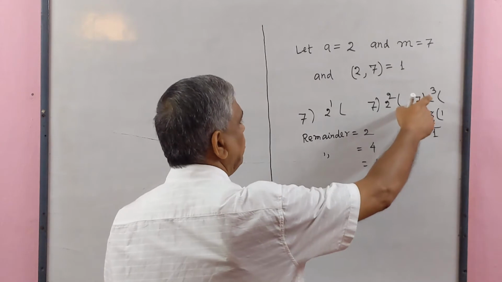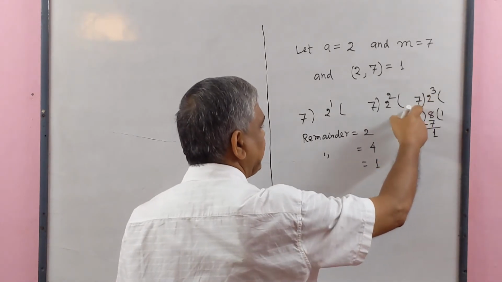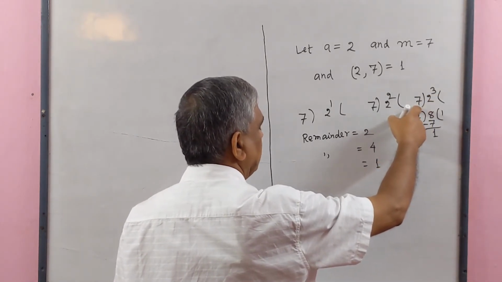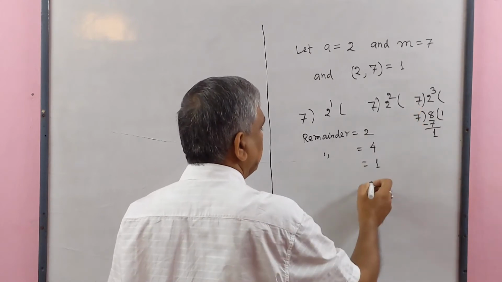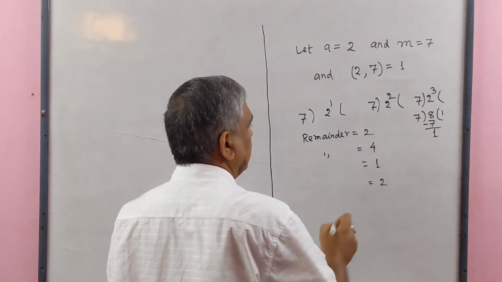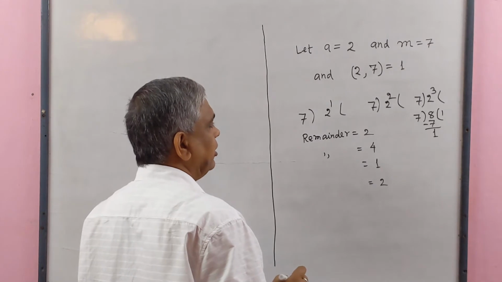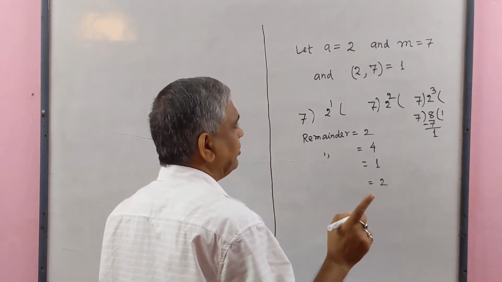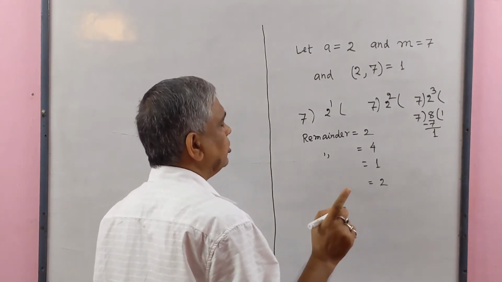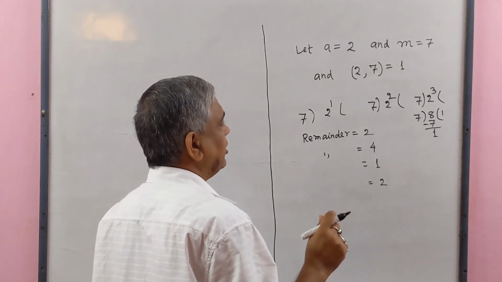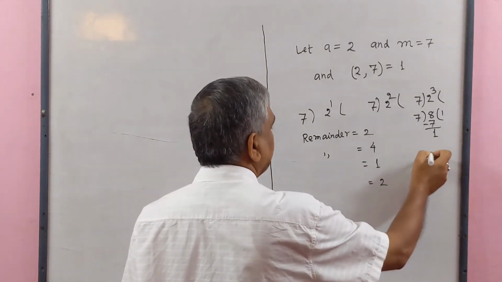If we divide 2 to the power 4 by 7, we get remainder 2. If we divide 2 to the power 5, means 32, by 7, we get remainder 4.